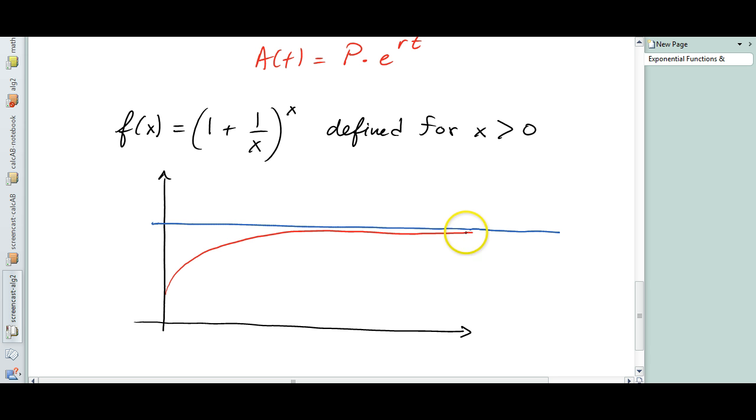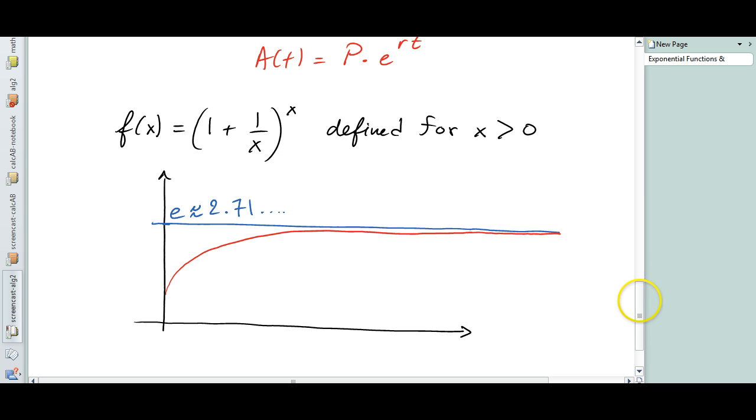The output seems to be bounded upward. They don't go above a certain value, but they get closer and closer and closer to the value. Well, this value, by definition, right here, we call that e, and it's about 2.71. And there's a lot of digits there, okay?